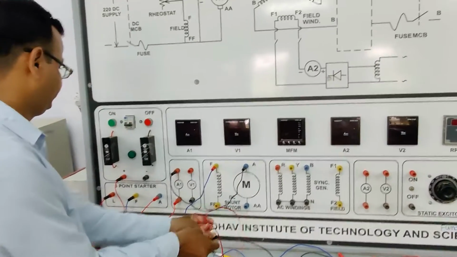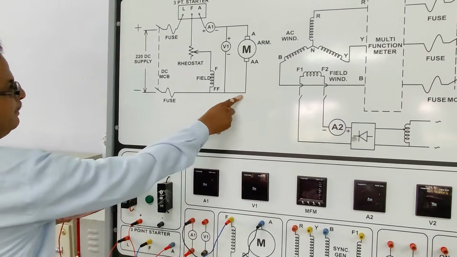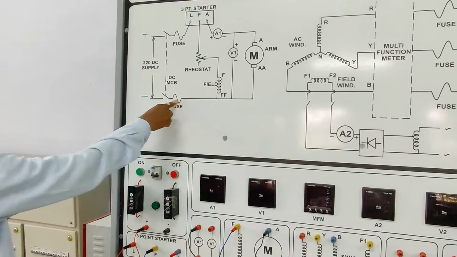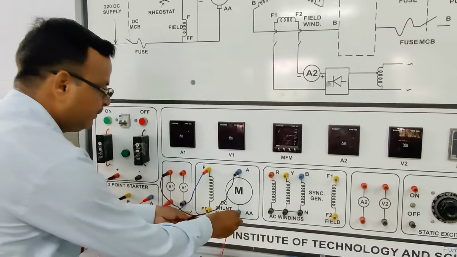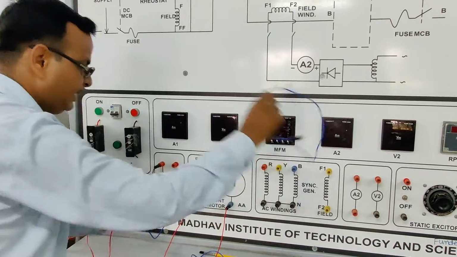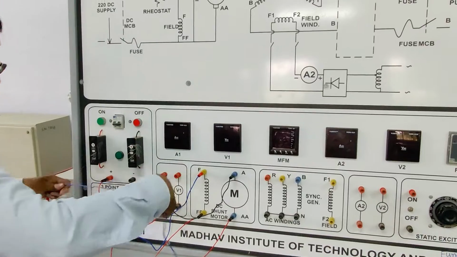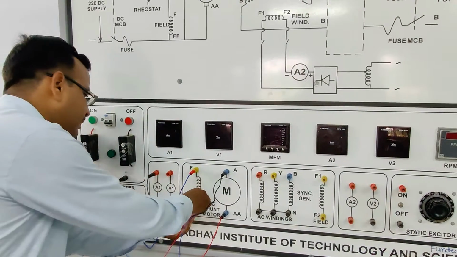The double A terminals are connected at a common point, and this common point is connected to the negative terminal of the DC supply.